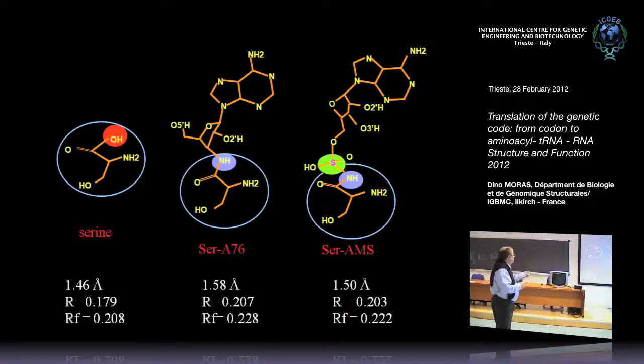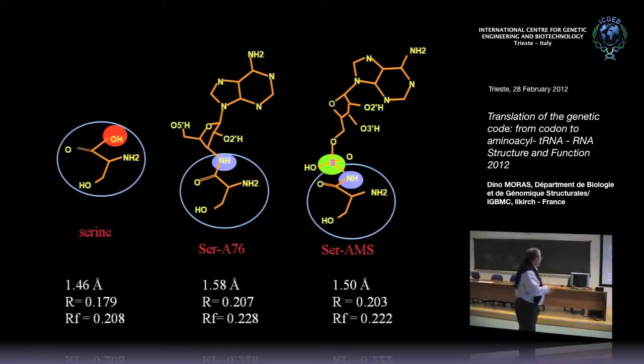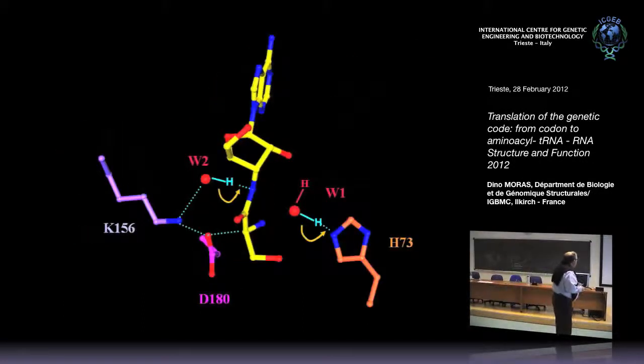And of course, when you have three different structures with three different substrates and you compare them, you get the mechanism. You see that there is a water molecule bound with an essential amino acid. When you have the structure, you understand why this histidine was already found very essential by genetic methods. Now we understand it holds the water, and the water attacks. Here, this lysine is essential, holds everything back.